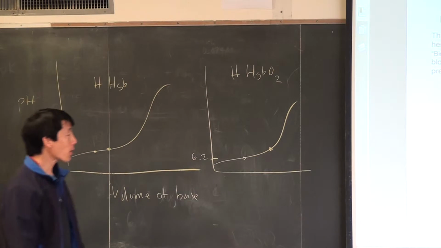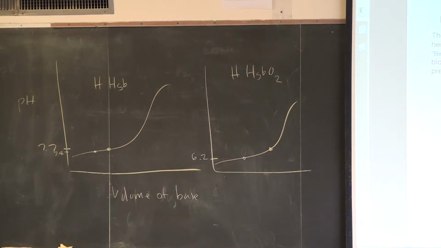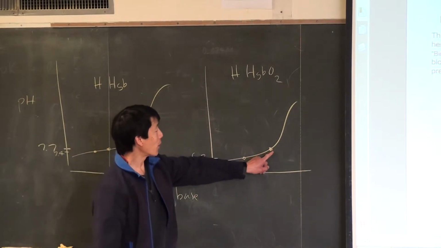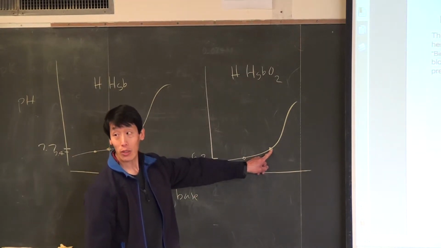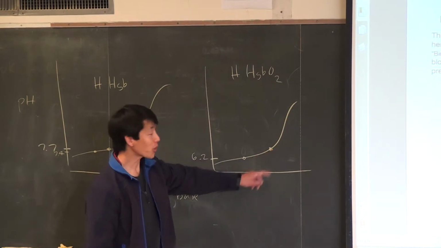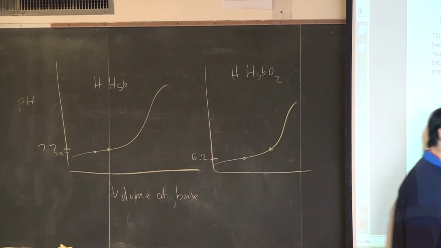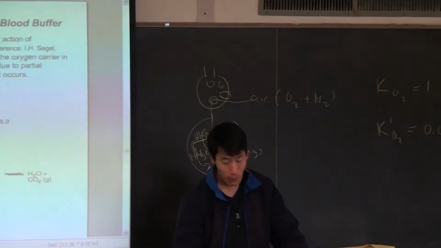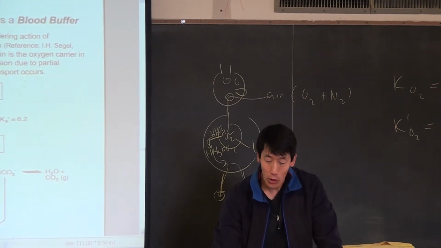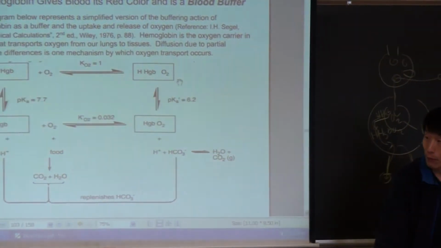So is there going to be more of the conjugate base form present or the acid form present? More base, which means if you go back to our picture, note that we're going to have more of this form present in our tissues than that form.